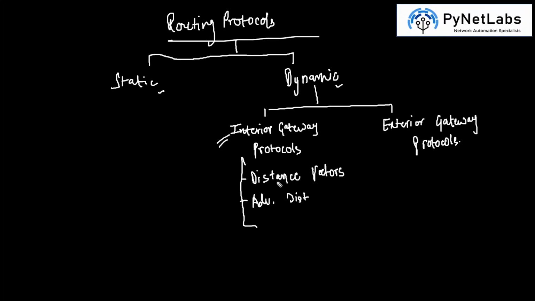Now, the first protocol we have is distance vector. Then we have advanced distance vector. And the last one is link state. And when it comes to exterior gateway protocols, we have only one, which is path vector.